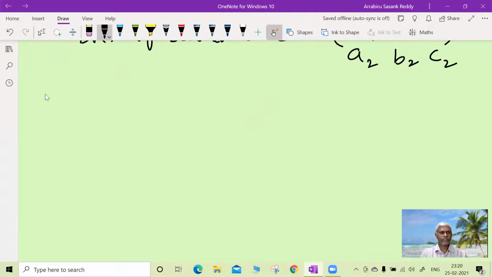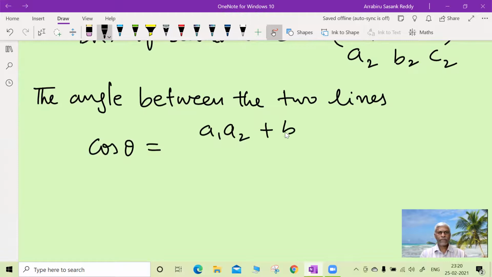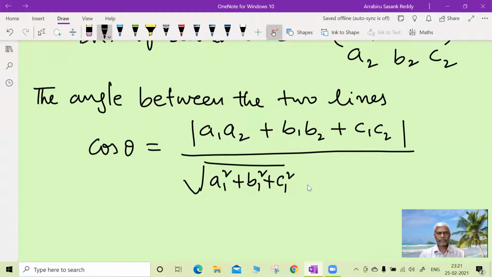When the direction ratios are known, the angle between the two lines is given by cos theta equals mod of A1 A2 plus B1 B2 plus C1 C2, divided by under root A1 square plus B1 square plus C1 square into A2 square plus B2 square plus C2 square.